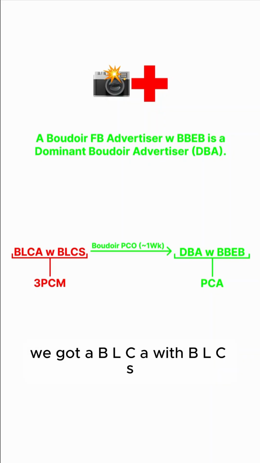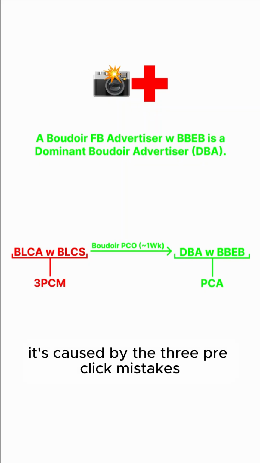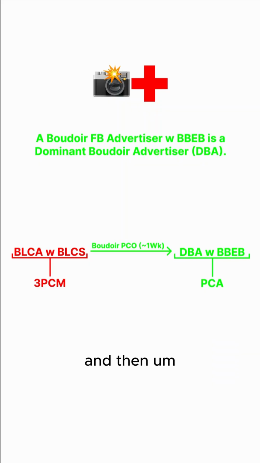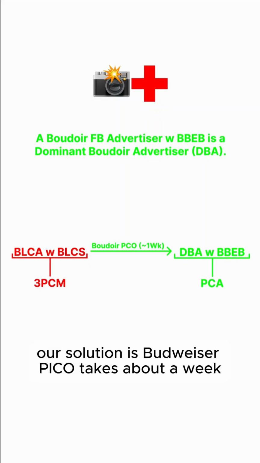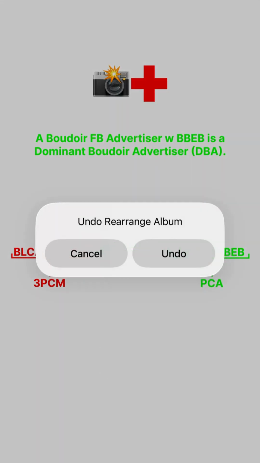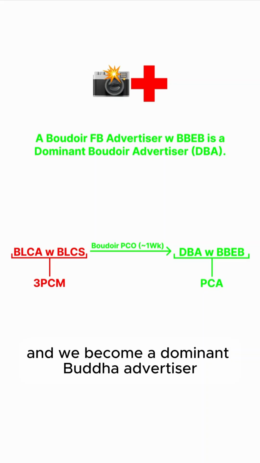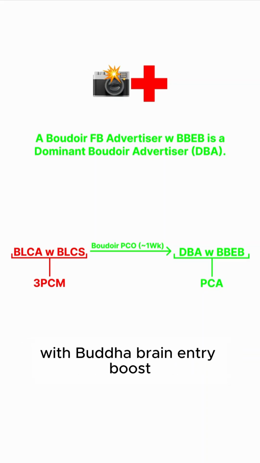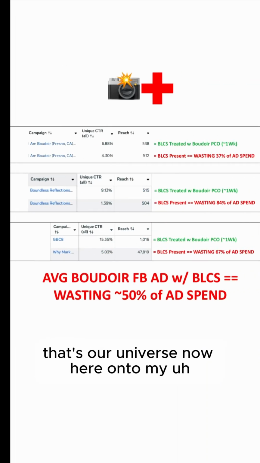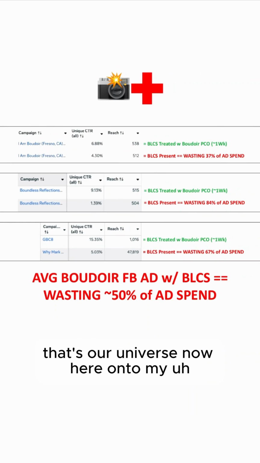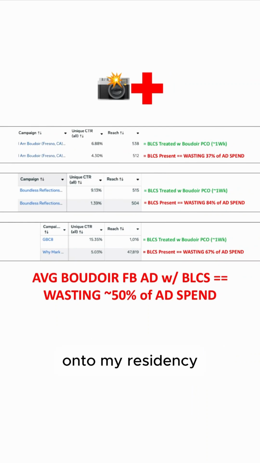We got a BLCA with BLCS. It's caused by the 3 pre-click mistakes. And then our solution is Boudoir Pico. It takes about a week. We achieve PCA pre-click alignment, and we become a dominant Boudoir advertiser with Boudoir brain entry boost.